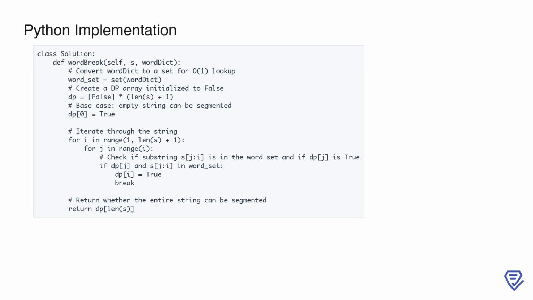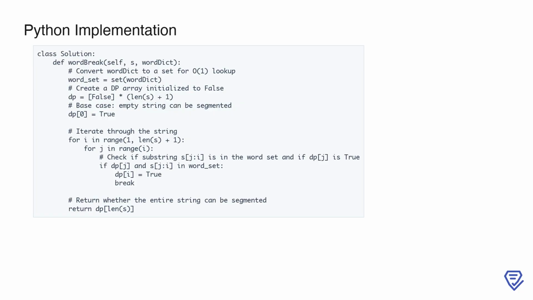The main logic involves two nested loops. 1. The outer loop iterates over i from 1 to len(s). For each i, we examine substrings ending at index i. 2. The inner loop iterates over j from 0 to i-1 to check all possible prefixes of s[0:i].